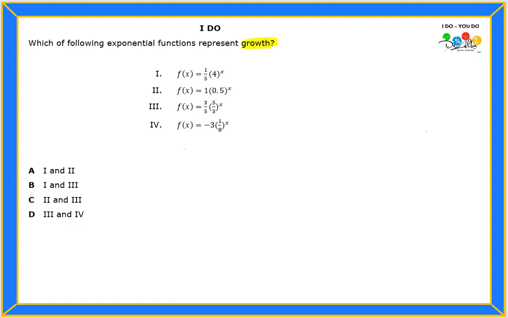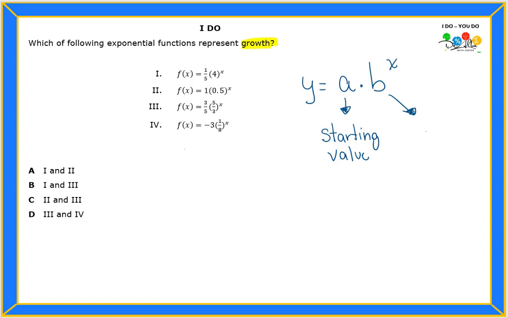So let's see if you remember this one. We have y equals a times b to the x power, right? Do you remember what a represents? A is your starting value, right? So let's go ahead and write it down over here. What about b?